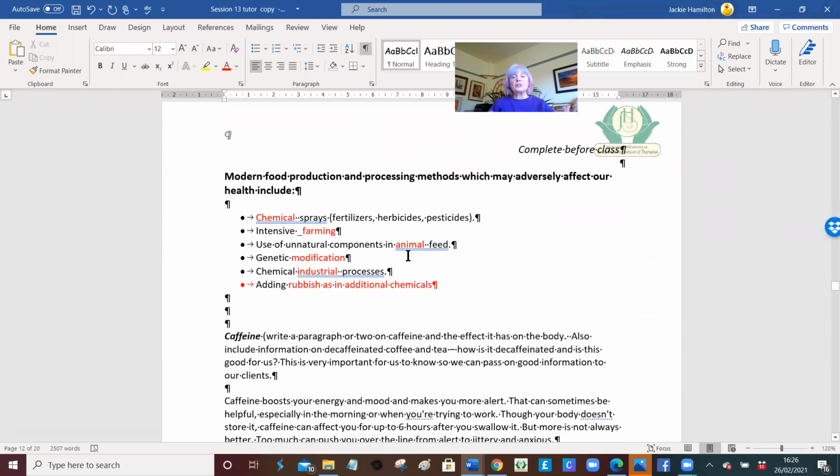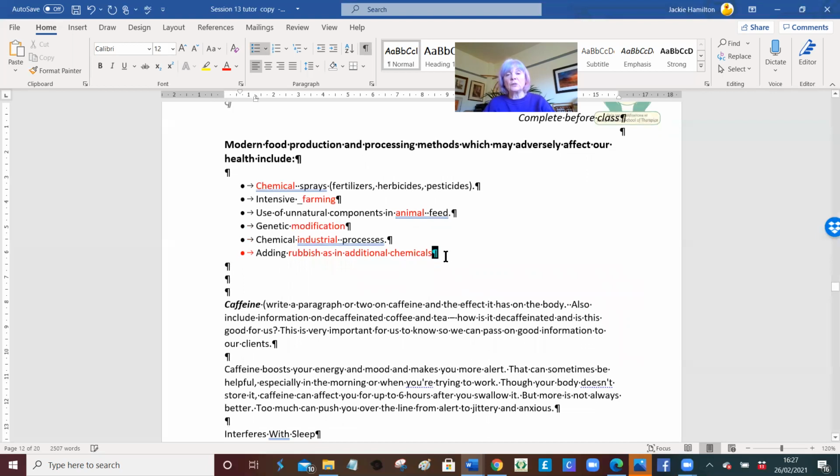So modern food production: we've got the chemical sprays that can adversely affect our health. We've got intensive farming, the use of unnatural components in animal feed, feeding them on other animals. We've got genetic modification. We've got the chemical industrial processes and adding additional chemicals, which are rubbish, which is why we are encouraged to eat whole food and not the processed food, because they are just so bad for us.